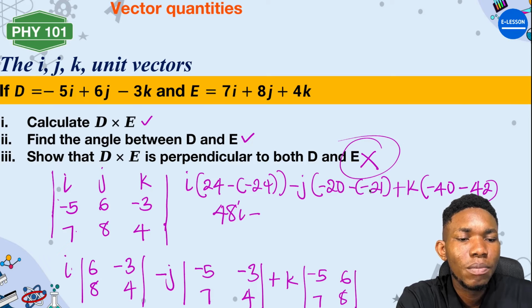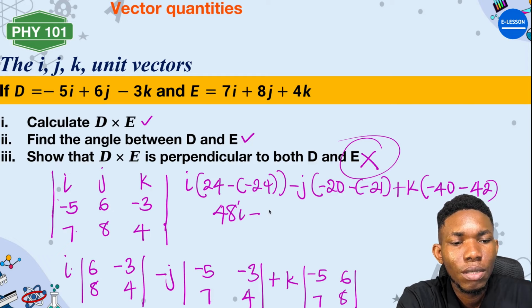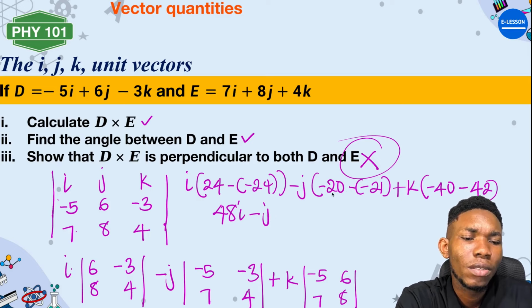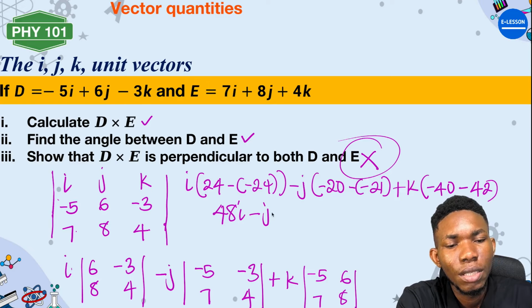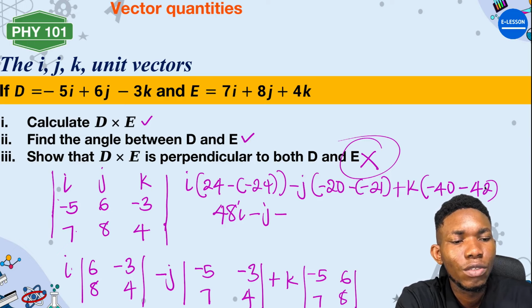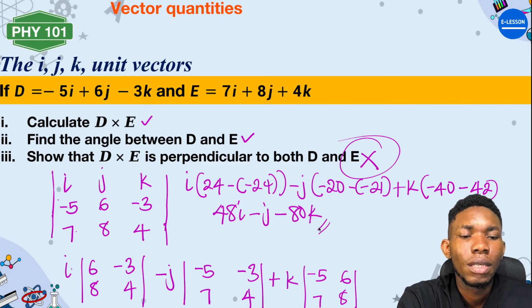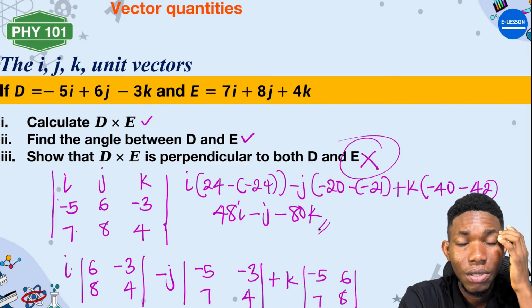So it will be minus 20 plus 21, which will give us 1. Then times this j will give us minus j. Then we have minus 40 minus 42 will give us minus 82k. Is that okay? So this is our D cross E.